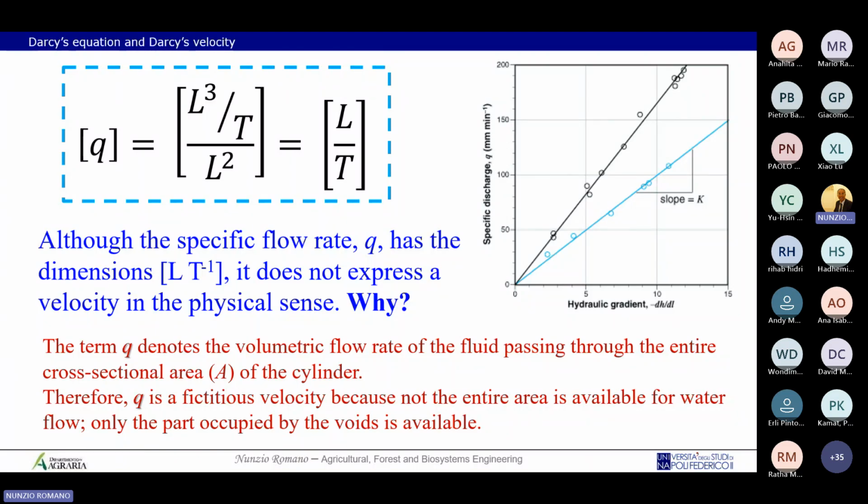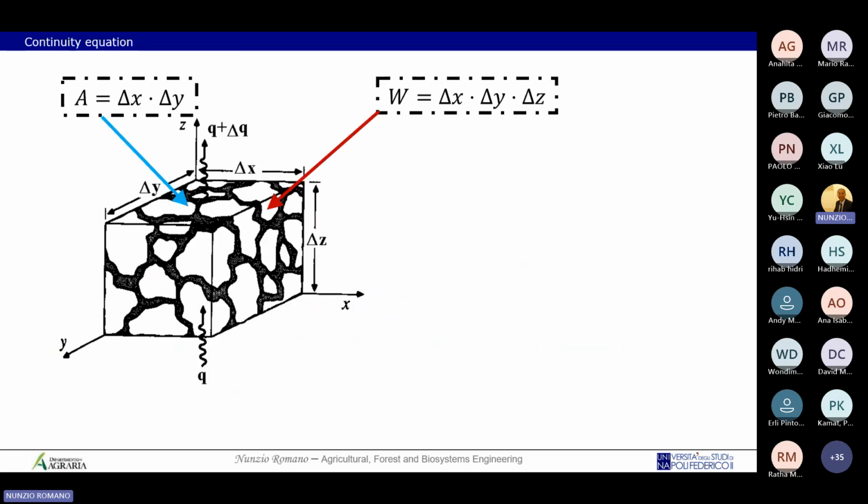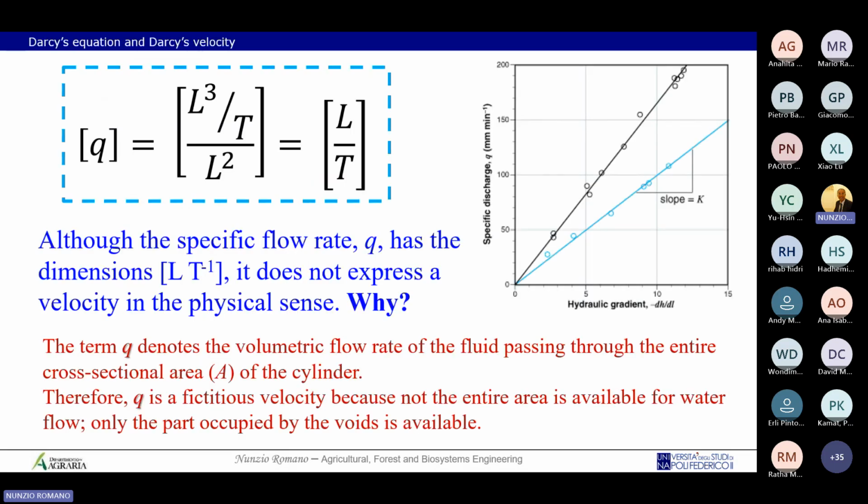So actually, this gives you only a rough idea of the velocity of water in the soil, and it's important to recognize that this is a specific flow rate and not an actual velocity of water into the soil pore. So this is the Darcy's equation.